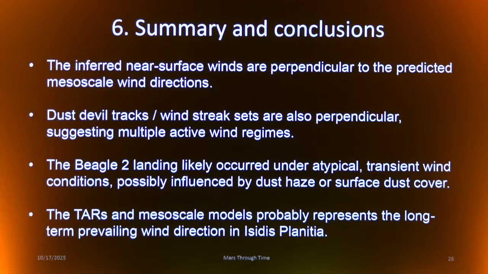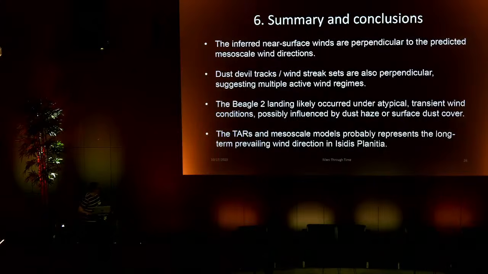So for the conclusions of this talk, we suggest that maybe Beagle 2 landed during an atypical transient wind condition, possibly influenced by dust haze or surface dust cover, and the TARs and mesoscale models probably represent the long-term prevailing wind direction in Isidis Planitia.